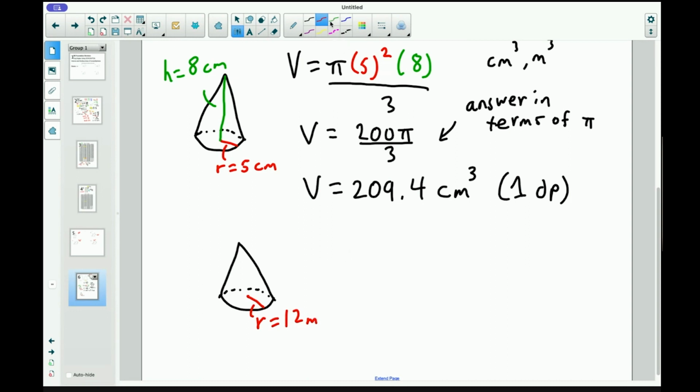And let's say that we aren't given this one here. What I'm actually going to do is tell you that this side right here is equal to, let's say, 17 meters.